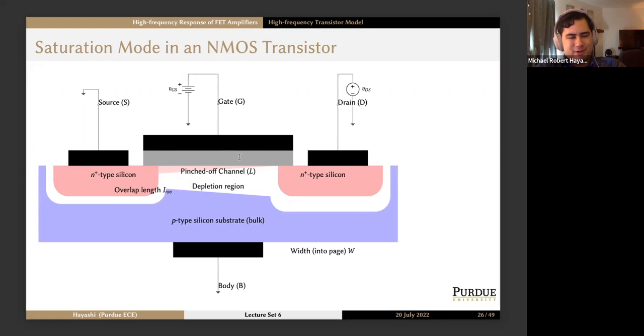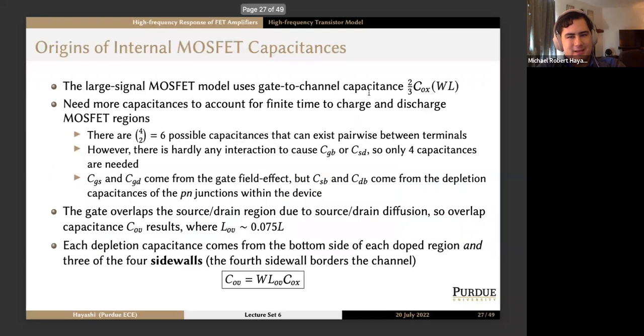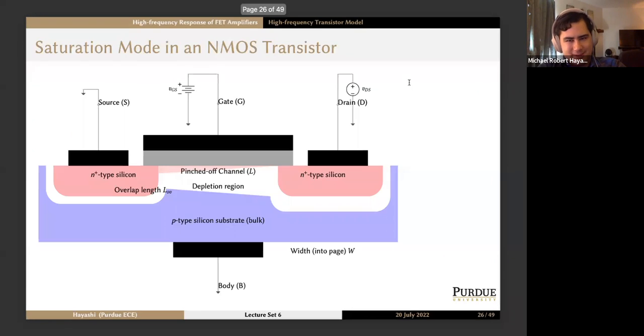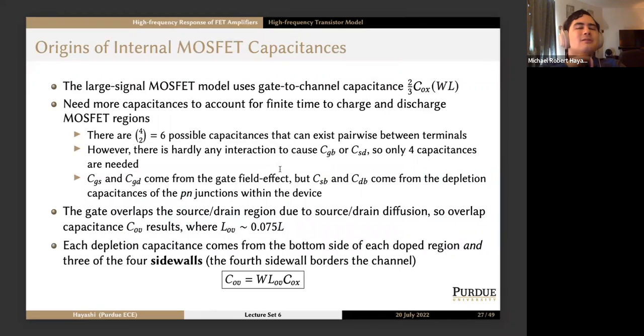So the separation of charge leads to a capacitance. You get a factor of 2/3 after some calculus. Cox, remember, is oxide capacitance per unit area. And then W times L is the width into the page times the length of this channel. So that kind of makes sense.